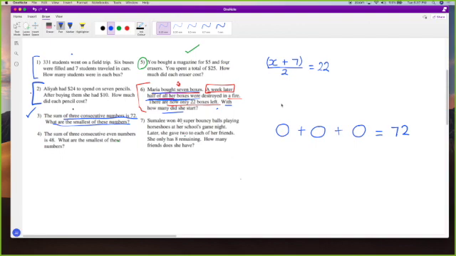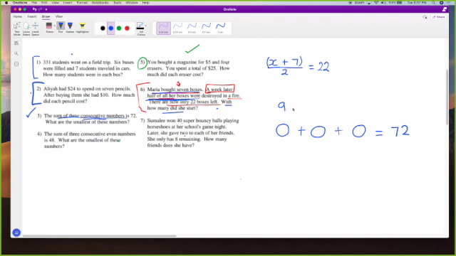Consecutive means numbers that come right after each other. So the sum, and this is the thing, the problem with math is English. The biggest problem with maths is English, right? So the sum of 3 consecutive numbers, look at what the English is saying. Consecutive means numbers that come one after the other.